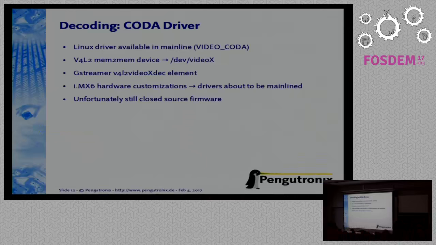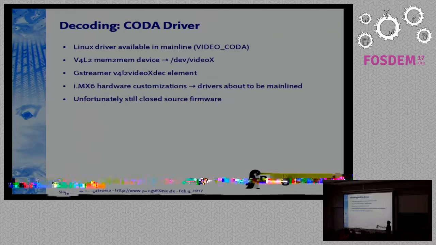This implements a Video for Linux mem-to-mem device, and fortunately for these devices, we have an element for GStreamer. So we use this GStreamer element. This uses the kernel driver, and everything magically works.